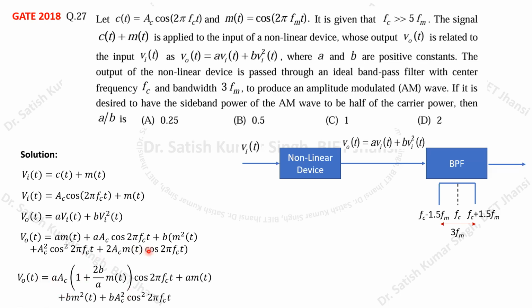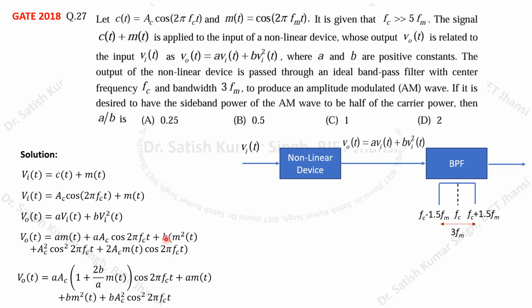In this form, we have taken certain factors. Here we have the term a Ac cos 2πfct, and then I have taken the m(t) cos 2πfct term.